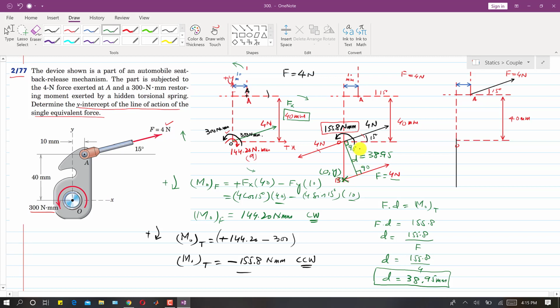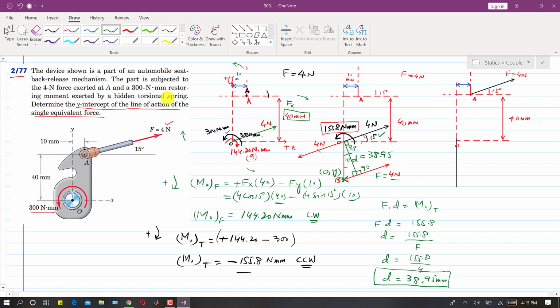Here we can see that this angle is 15 degrees, and this line D is perpendicular to this force, and this line is perpendicular to this horizontal line. So this angle is also 15 degrees. Now we have this triangle, with this 90 degrees also.